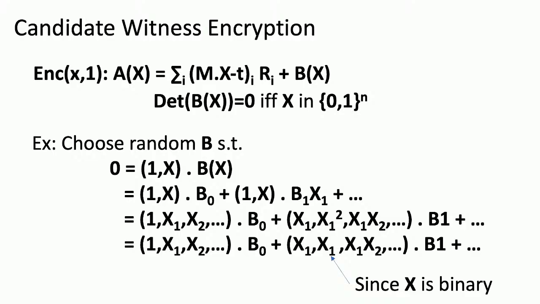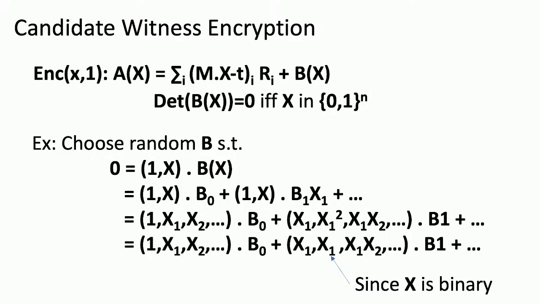So we gave a candidate mechanism to add a little additional randomization to get around this issue. Here's the key observation. First, I know that on an accepting input, this matrix, not only is its determinant 0, it is actually 0. So what I'm going to do is add to this matrix another matrix B. This matrix is going to have the property that its determinant is 0 if and only if x is actually in {0,1}^n.